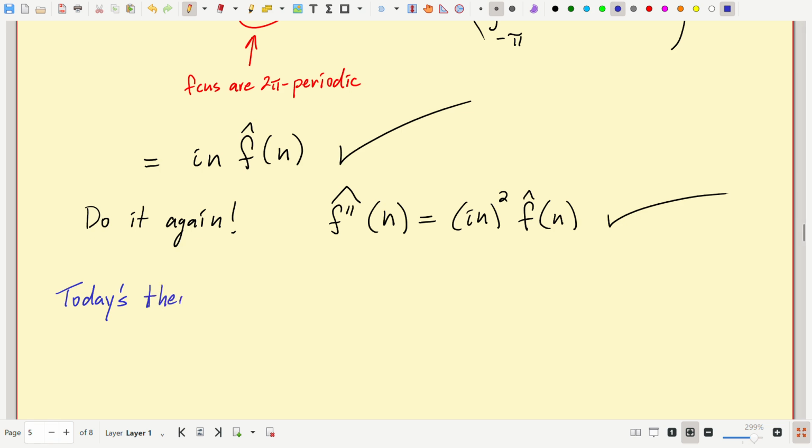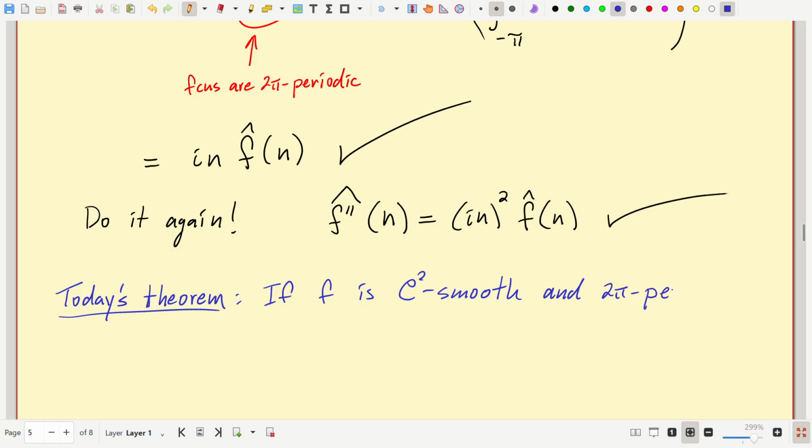Today's theorem is that if f is C2 smooth and 2 pi periodic, then we know it's C1 smooth too.